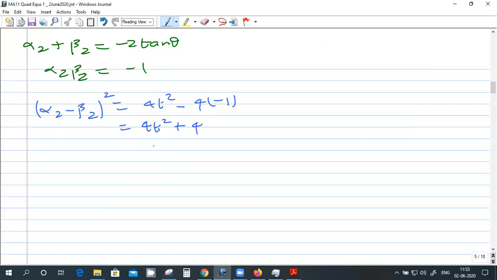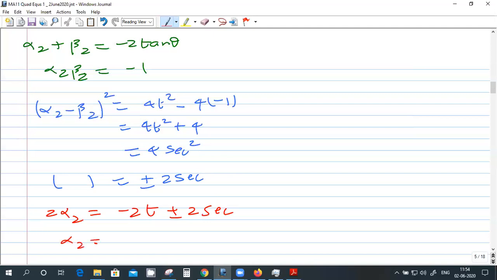So this will be 4 times secant square, right? So alpha 2 minus beta 2 is plus or minus 2 secant. From this I'll get 2 alpha 2 as minus 2t plus or minus 2 secant.